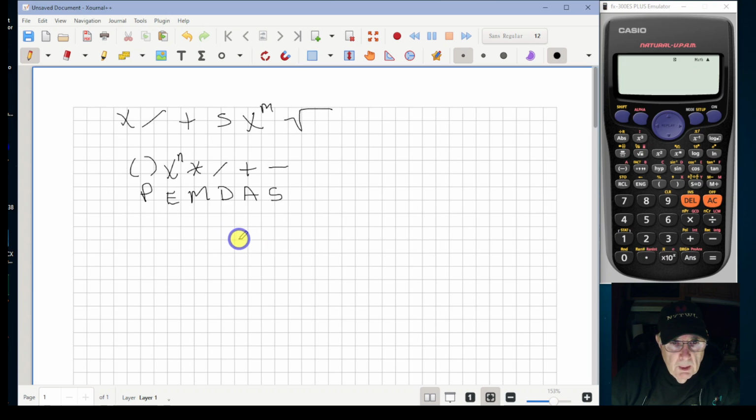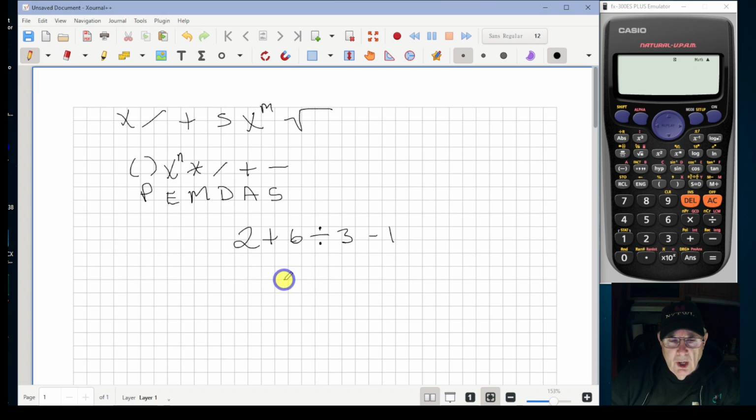If I have something like 2 plus 6, and I'll use that silly little symbol, it's not really an operator. Okay, we have a series of operations.